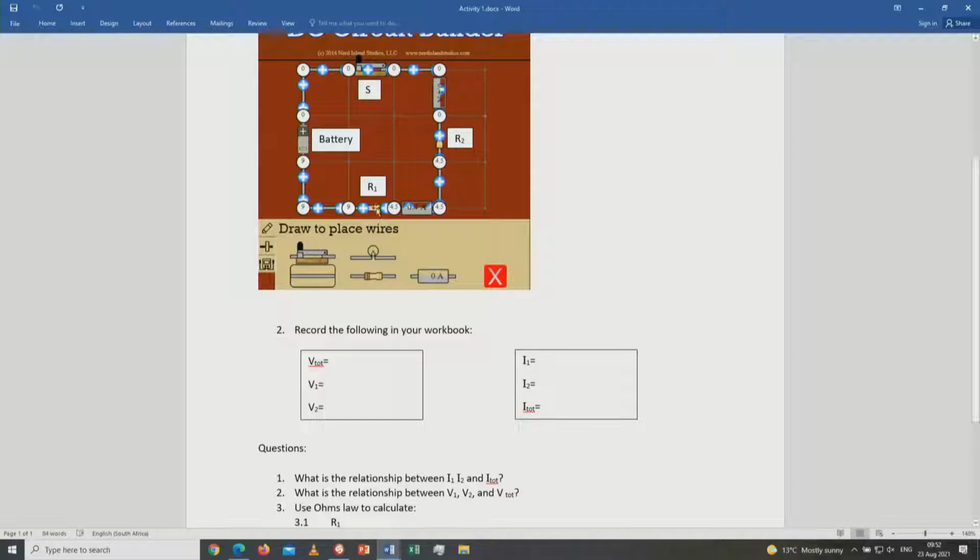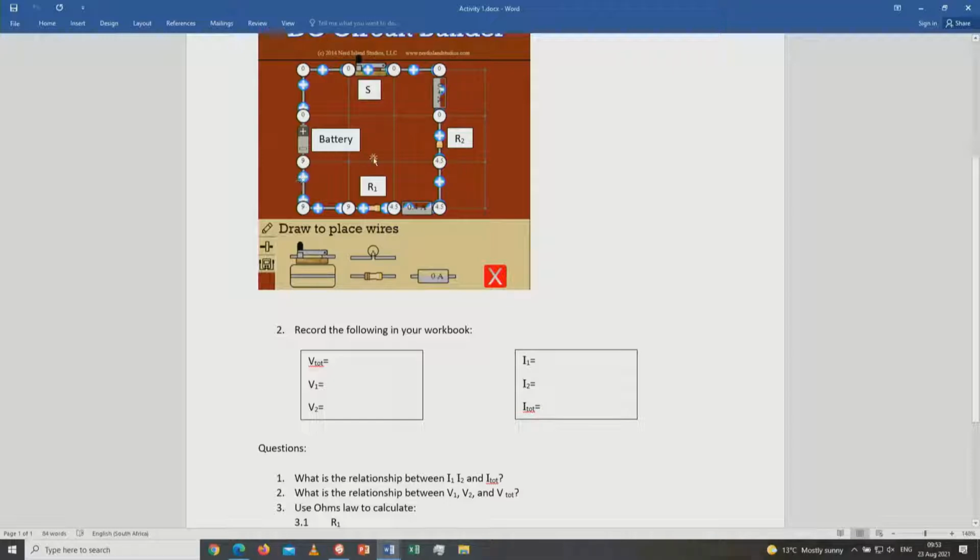Remember, V1 we said is the voltage across R1. V2, the potential difference across R2. And V tot will be the voltage across the battery. So you can see here, maybe what we could also have added is the current through the battery here. I think that would be our I tot.